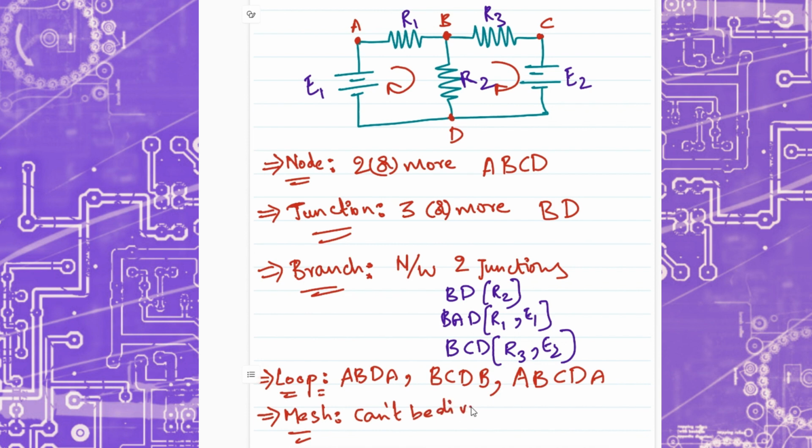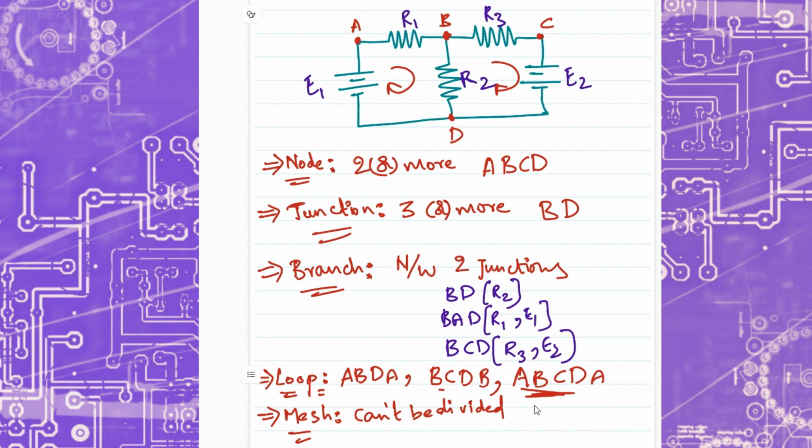A loop can be divided into further loops, which means if you consider this loop A, B, C, D and A, that can be further divided into these two loops, right? It can be divided into A, B, D, A and B, C, D, B.